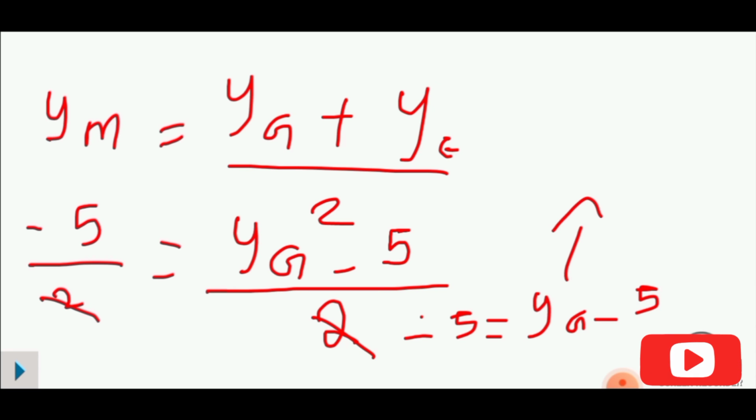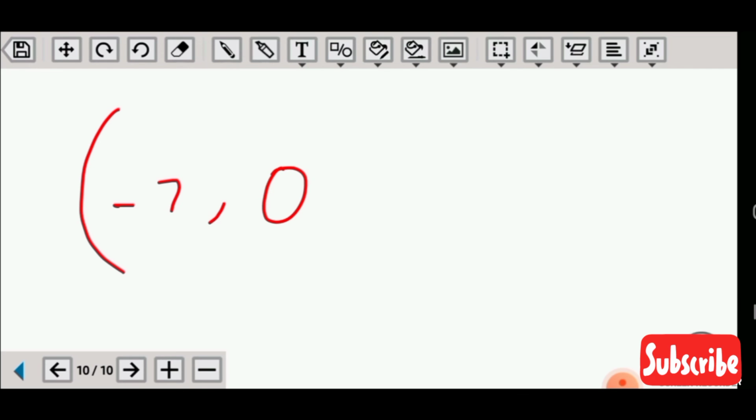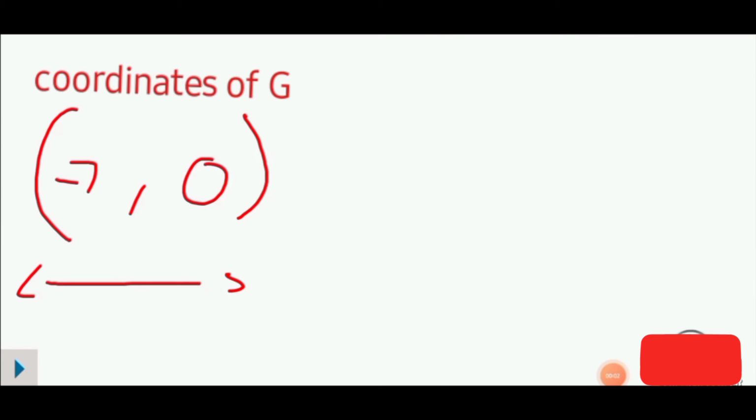So yG will be equal to 0, because 5 minus 5 is 0. So the coordinates will be -7, 0. So these are the coordinates of G.